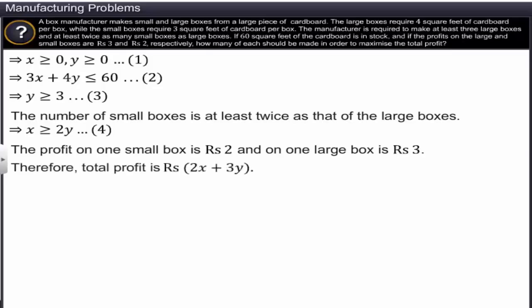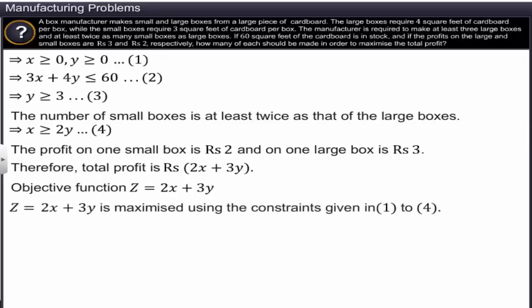Hence, the total profit is rupees 2x + 3y. Therefore, the objective function z is 2x + 3y. As we need to find the maximum profit, the objective function should be maximized using linear inequalities.